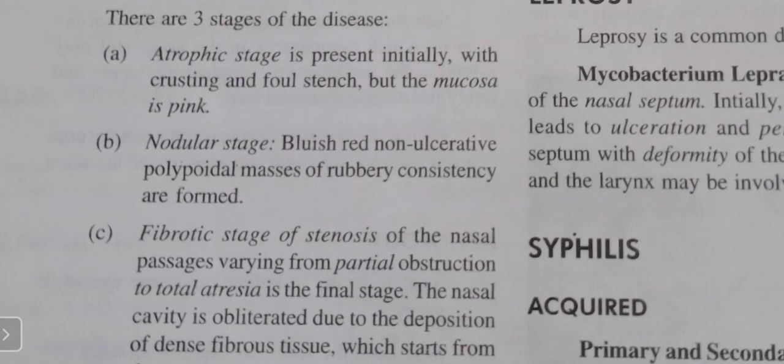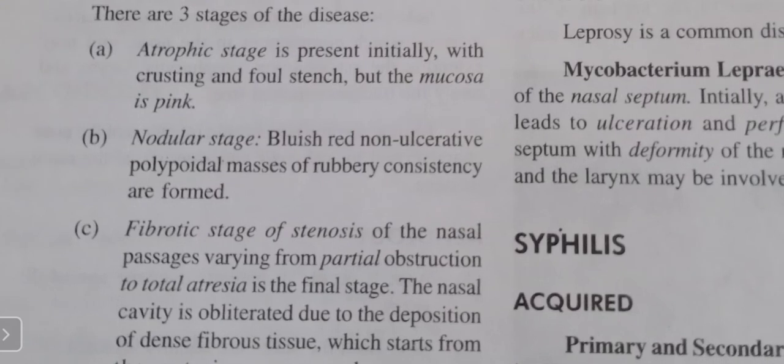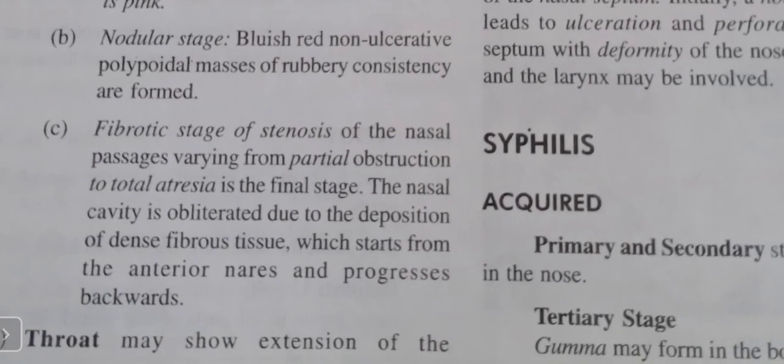Then the second stage is the nodular stage, where bluish red, non-ulcerative masses of rubbery consistency are present. And the third one is the fibrotic stage, with stenosis of the nasal passage, varying from partial obstruction to total atresia of the nasal cavity.